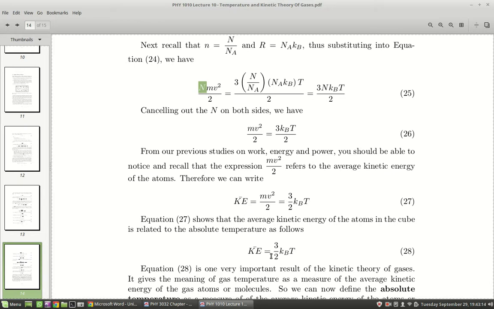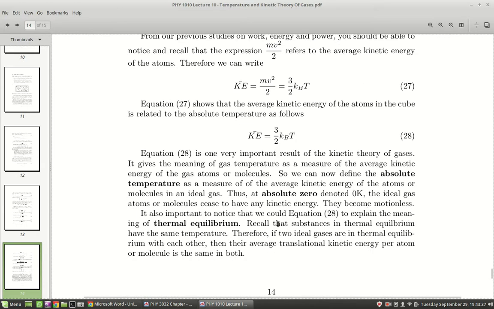The hotness you feel when something is very hot is because the atoms of that thing are hitting against your skin. That's why you feel the heat. On the other hand, if it's very cold, then the kinetic energy is very low, and you end up having a low temperature.